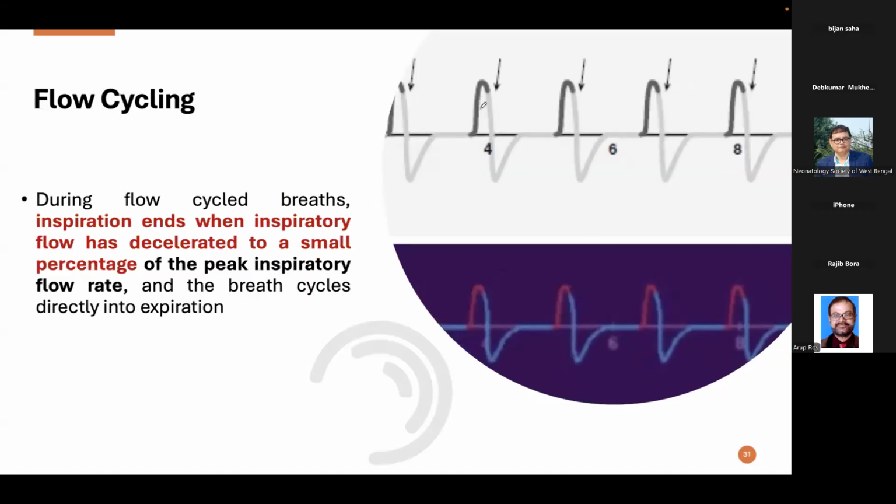Once the flow decreases to a certain amount, also known as the termination sensitivity, usually set at around 5 to 25% of the peak inspiratory flow, the machine cycles into expiration. So there is no set time, because this is flow cycle and not time cycle. It depends on the flow of the patient and not on the time.